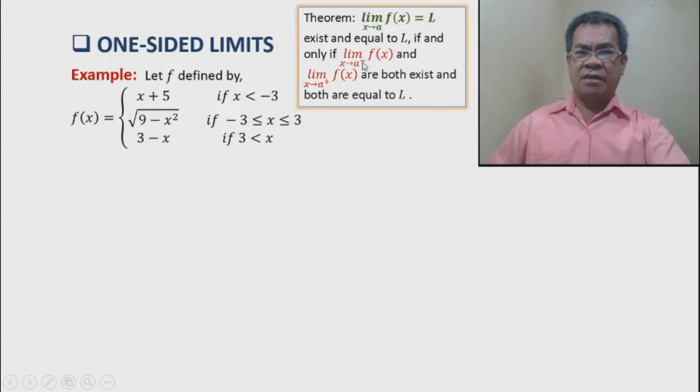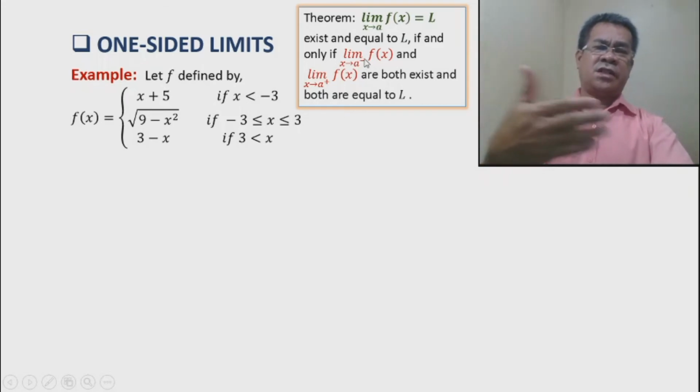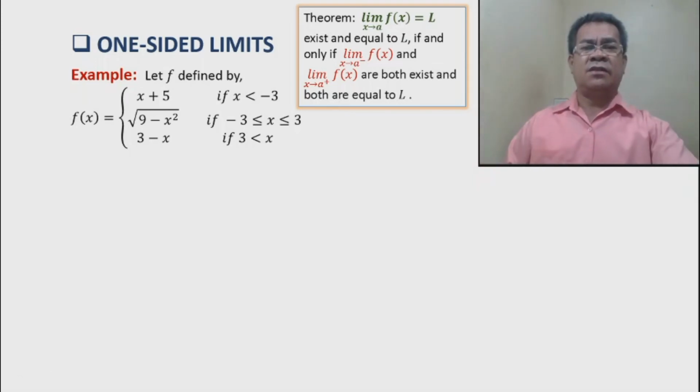This signifies the left-handed limit. The exponent negative signifies the left-handed. You remember in our previous discussion, we have the left side and we have the right side. So the negative means the left side, left-handed limit, while the limit of the function as x approaches a positive is the right-handed limit. So according to this theorem, the limit of the function as x approaches a is L only provided that the left-handed limit and the right-handed limit both exist and are equal to L.